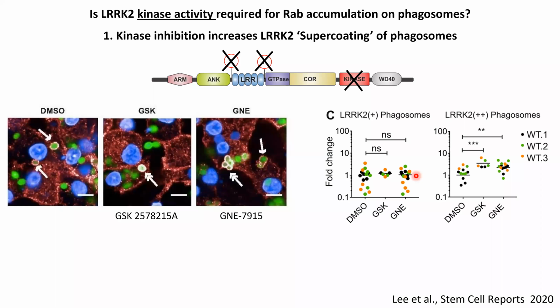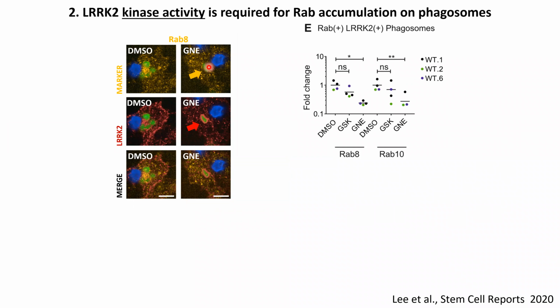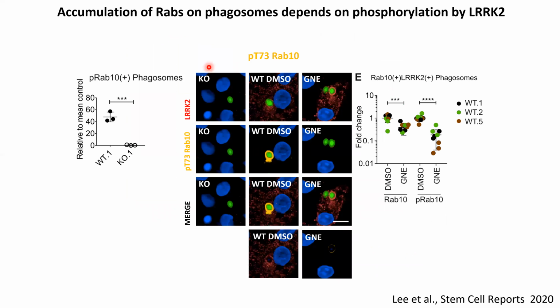Yes, 2 minutes left. So LRRK2 is still recruited to the phagosomes at the same rate, but they become supercoated. But despite this supercoating, we get a massive reduction in the amount of RAB8 or RAB10 that is recruited to the phagosomes. So it is dependent on LRRK2 kinase activity.